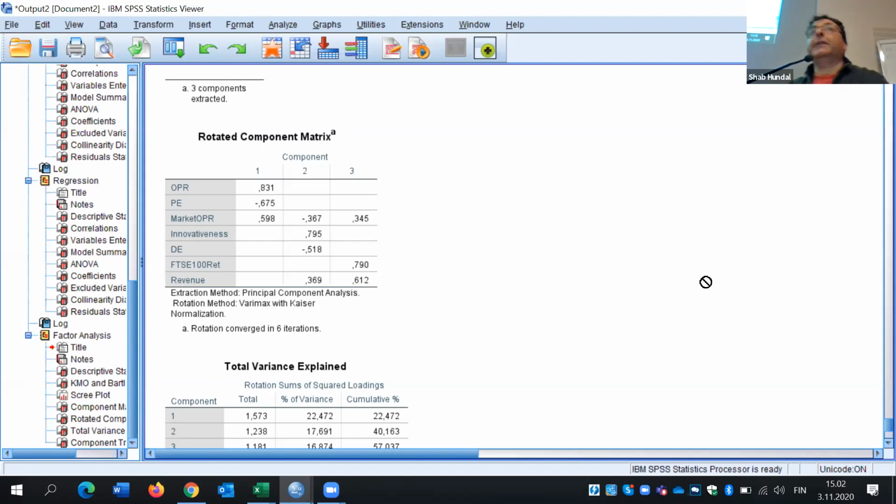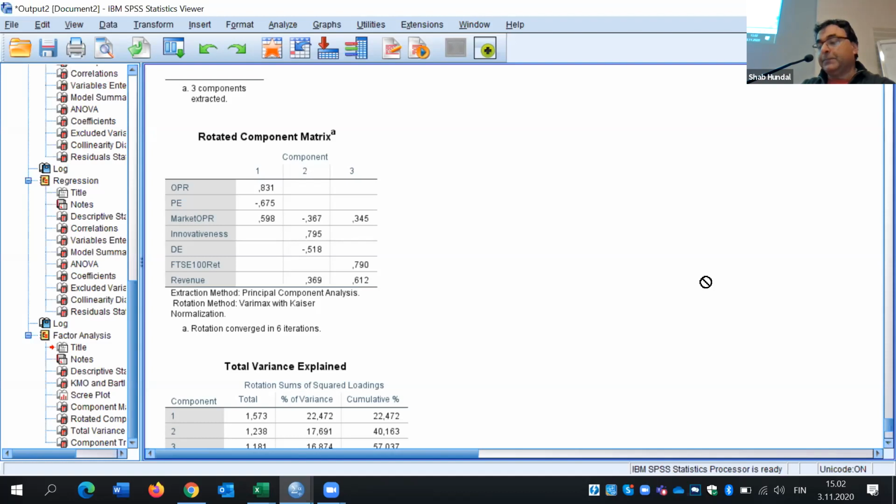I was assuming that the P2E ratio would be in the market variable, but it's basically loading in the accounting variable. And I'm not surprised, because in the price to earning ratio, your price is coming from the stock market, but the earning is coming from the accounting data. So this variable is a kind of hybrid variable.